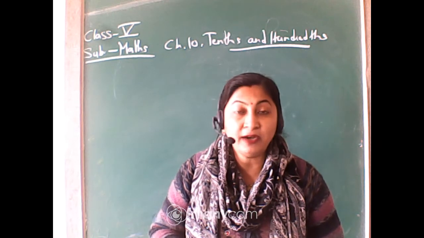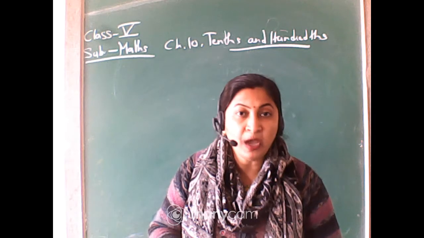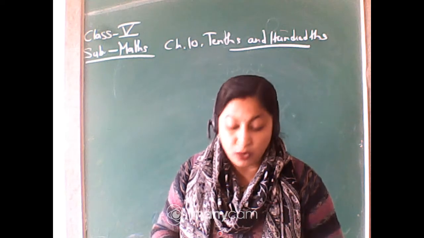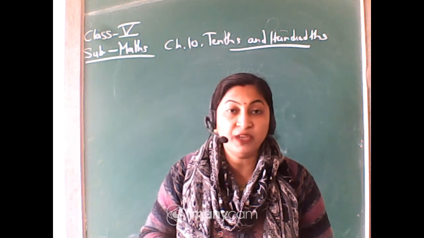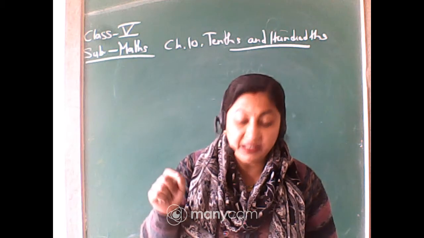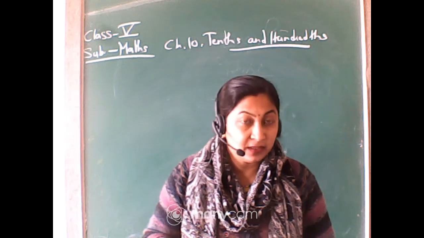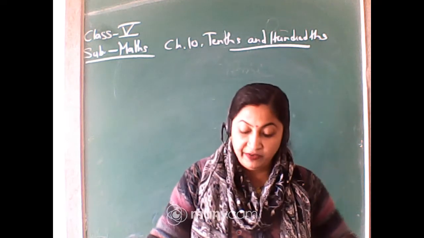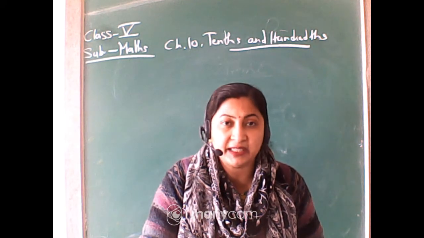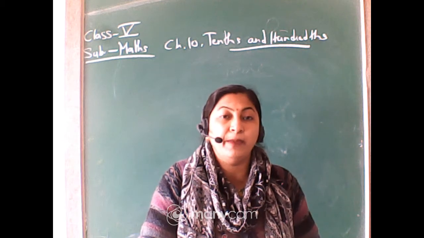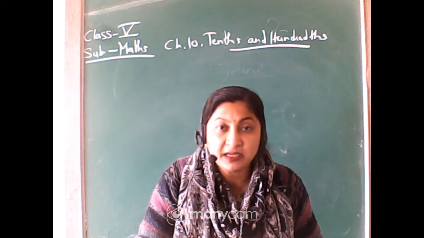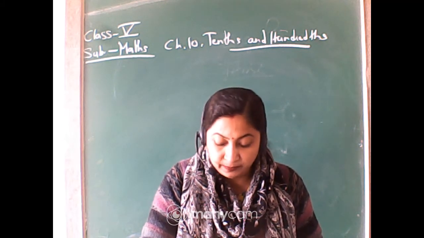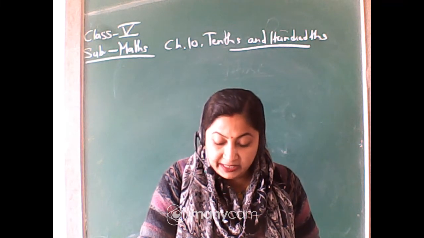One end of the pencil is at 0, that means it is starting from 0, and the other end of the pencil is at 3.6, isn't it? See the small division, it is at 3.6. That means the length of the pencil is 3.6 centimeters.